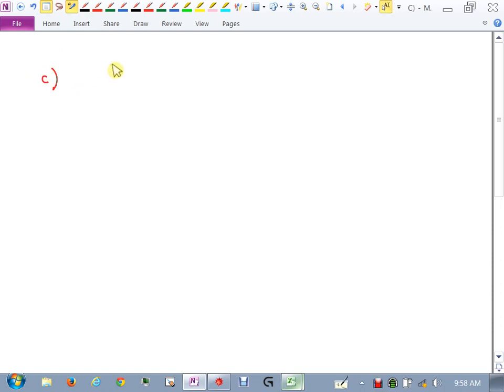So for part C, what are we being asked for? Sine 2 theta. So for sine 2 theta, now I'm going to my double angle formulas. My double angle formula says sine 2 theta is 2 sine theta cosine theta. I'm using the double angle formula, and that's going to be 2.